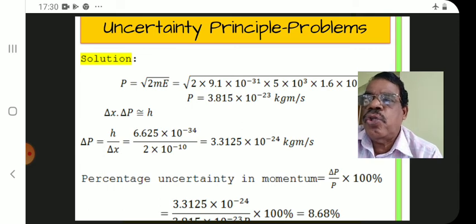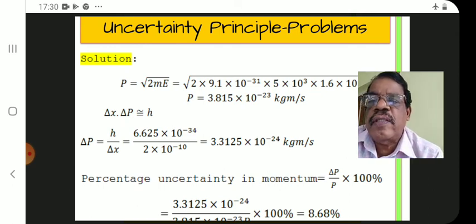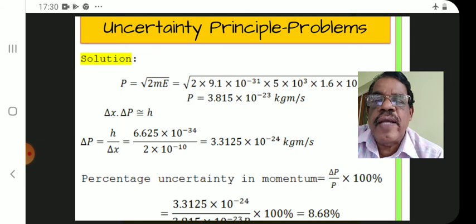Delta x into delta p equal to h. Therefore, delta p is h by delta x, 6.625 into 10 raised to minus 34 by 2 into 10 raised to minus 10, equal to 3.3125 into 10 raised to minus 24 kilogram meter per second.